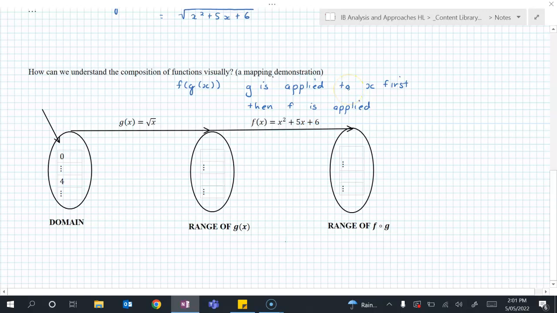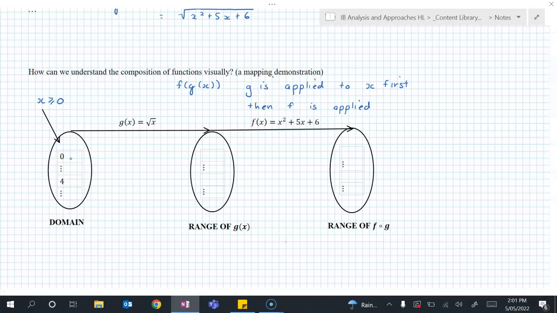Okay, so the domain of g of x is just x greater than or equal to 0. We can only put positive values underneath the square root. And that's what I've shown in this circle here. Now the lowest value we're putting into this composition is x equals 0.